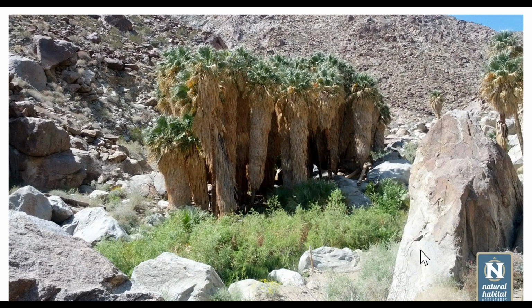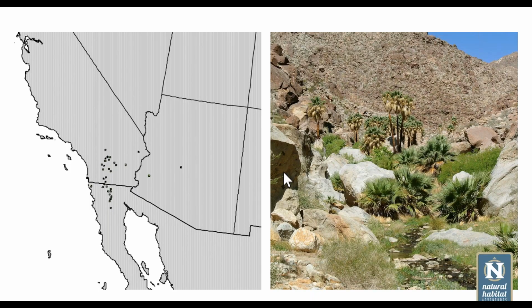And as you can see from this image here, I took this on a hike in Anza Borrego State Park when I was doing some plant surveys in there, and it is a desert oasis palm. It's native, like I said, to the California region. Coming up here with a map, it is a very small, very patchy distribution.